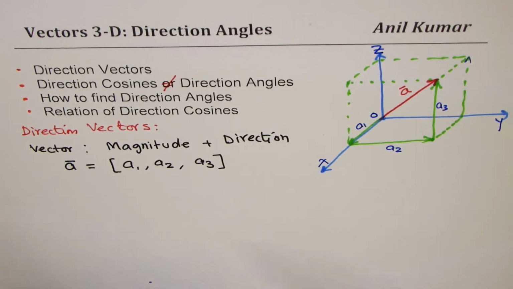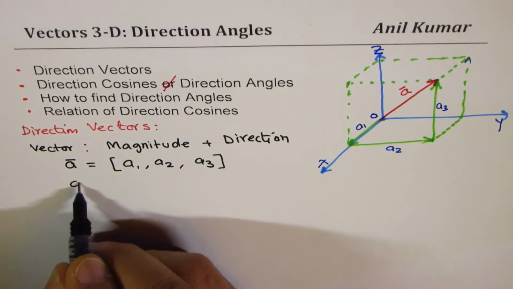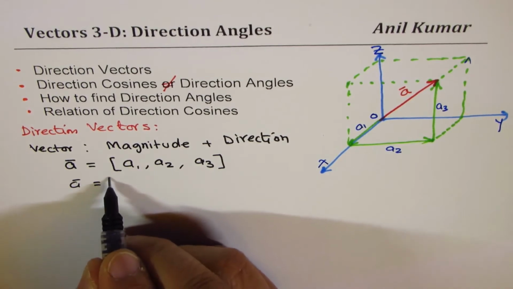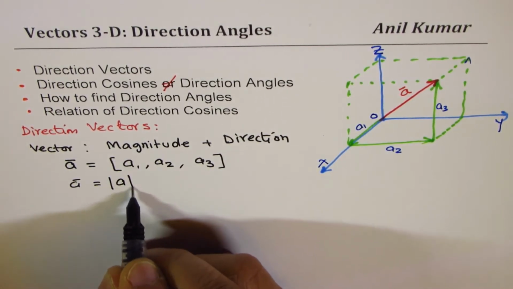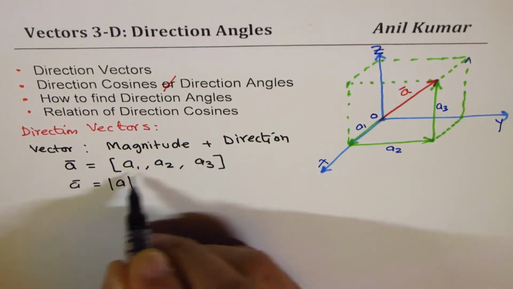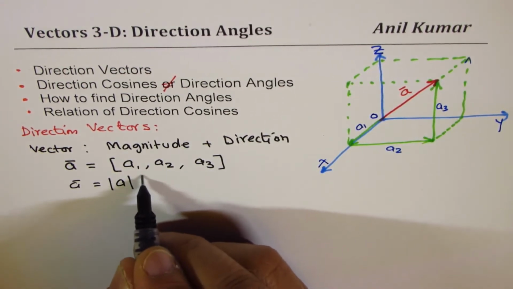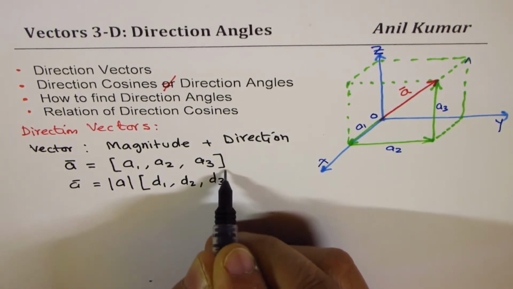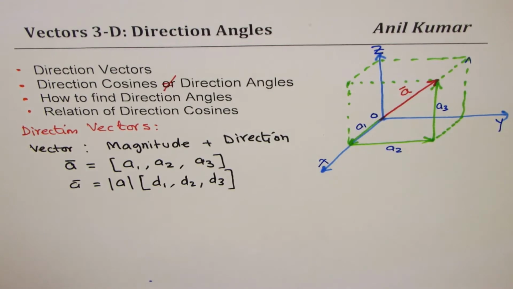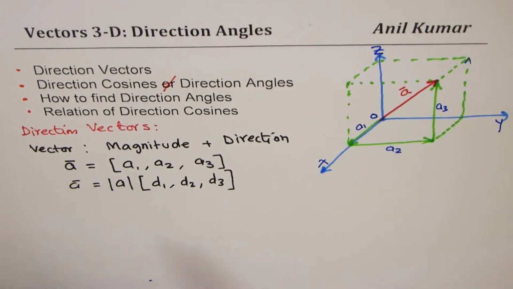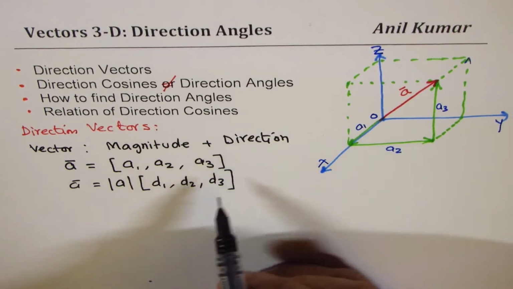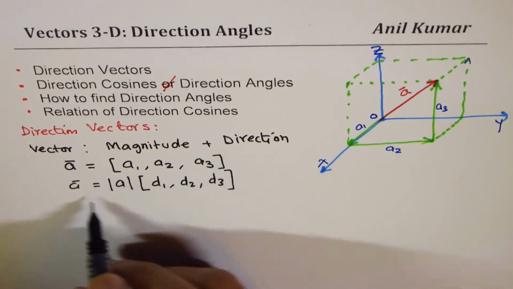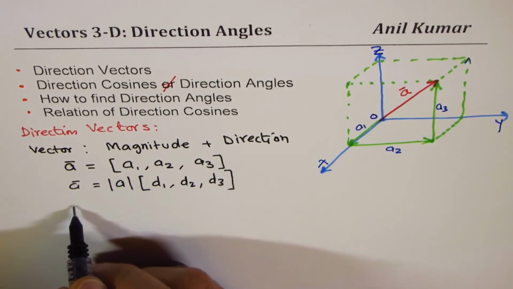Now, we could always write this vector as a combination of its magnitude and direction, correct? We could say magnitude of A times, if I factor this magnitude out, the direction d1, d2, d3. What remains, if I divide my vector by its magnitude, is the unit direction. We also call this a unit vector. Let me rewrite this so it is very clear.